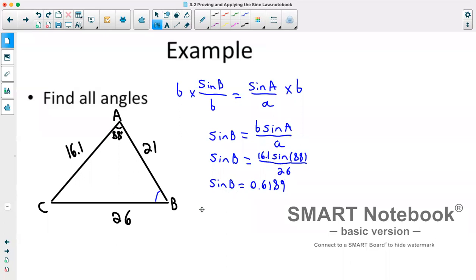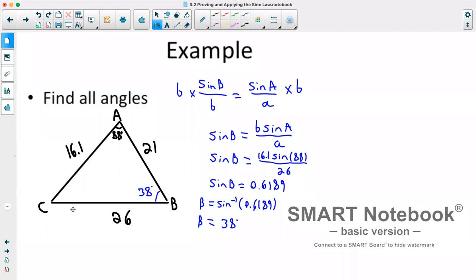Now we want to get B on its own, so we'll take arc sine of this value. So we have B equals sine inverse of 0.6189. And that gives us angle B is 38 degrees.